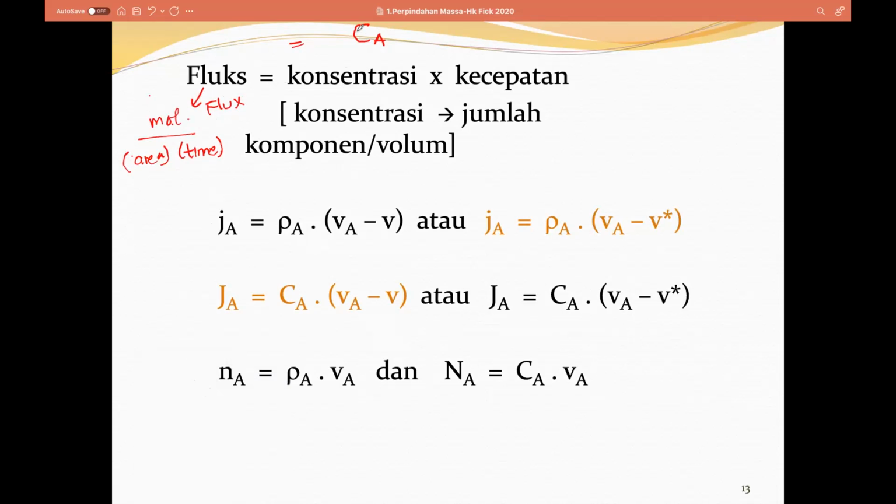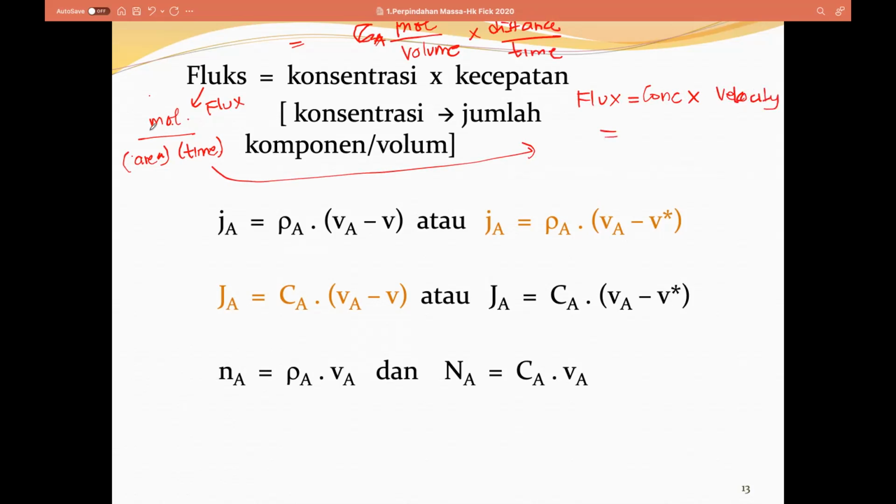And then it is equal to the concentration, which is mole divided by volume, multiplied with velocity. Velocity is distance divided by time. So flux equals concentration multiplied with velocity.